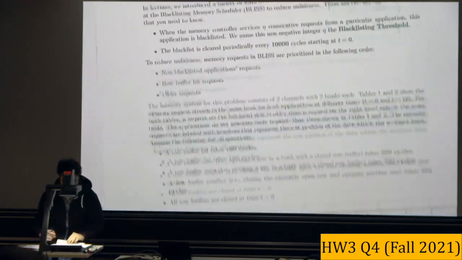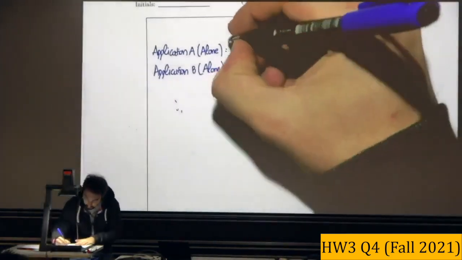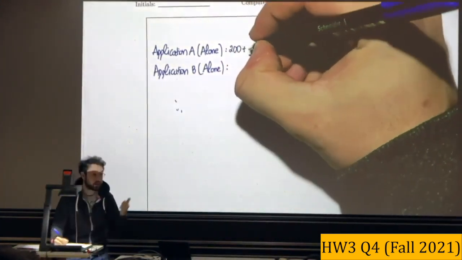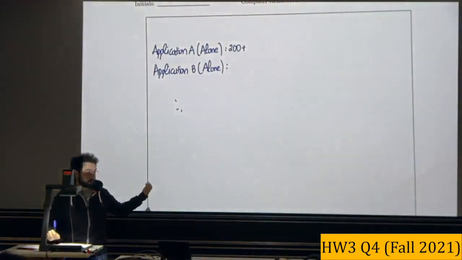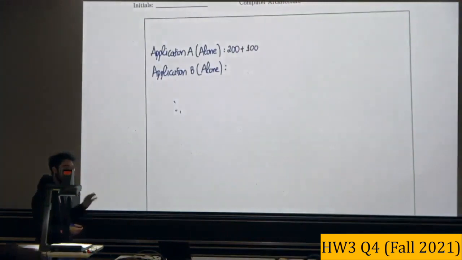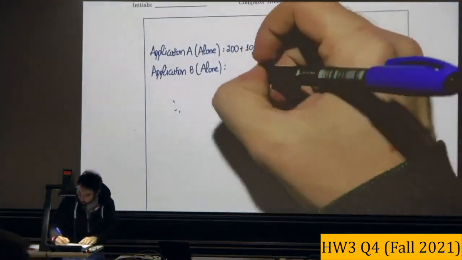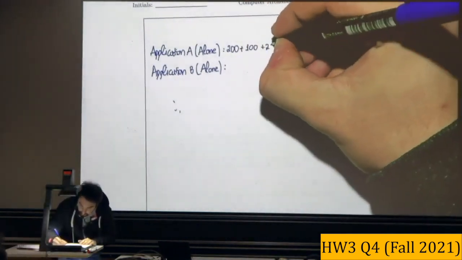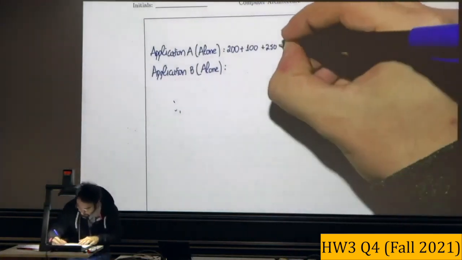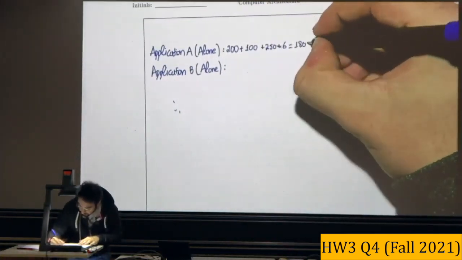So what we do essentially is we open a row, we have a row miss, row 3, then we execute the request in row 3, which is a hit. And then for all the other requests, which are 6, we have conflicts, right? Because they were all different. They did not have the same number anywhere. So it's 250, which is the row conflict cost, multiplied by 6, which is 1,800 cycles.